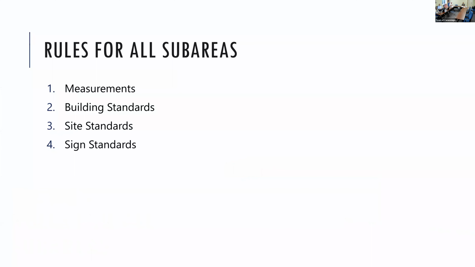So section 4 really focuses on measurements. This is almost the educational section of the code. How do you actually interpret and measure and define the regulations that are included within here? So when we're giving you a maximum building height or a minimum amount of window transparency, we also need to be able to tell you, well, this is how you measure that, right?